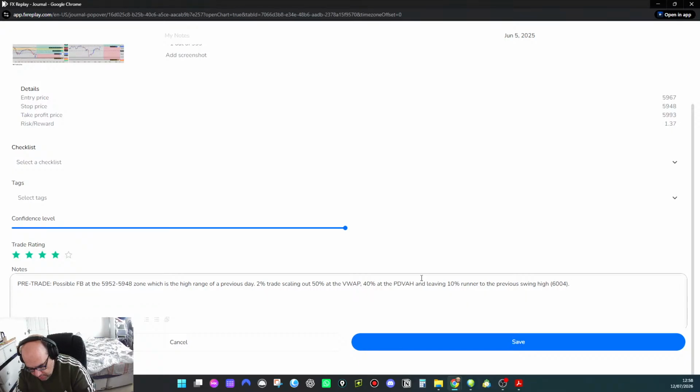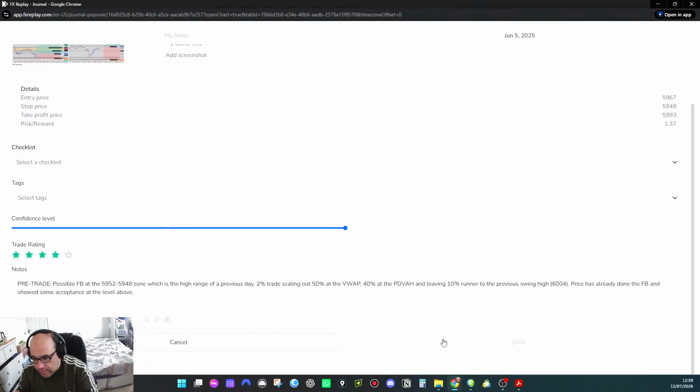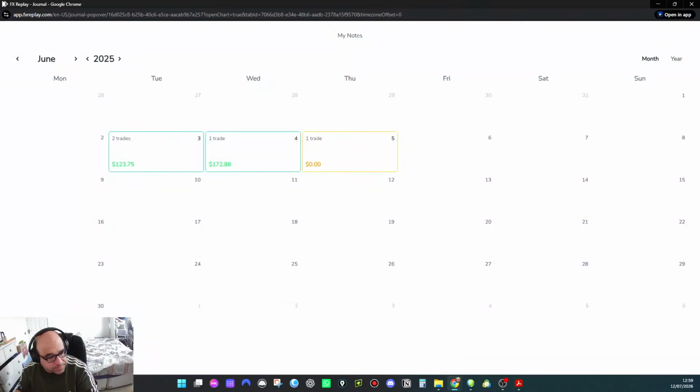Also, price has already done the fair breakdown and showed some acceptance at the level above. Okay, so we just wrote our plan and what we've seen so far on the screenshot on the trade. So we're gonna press save now, and we're gonna let it run and see how it goes.